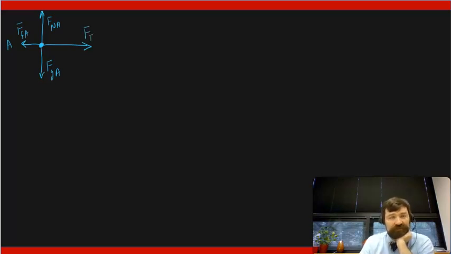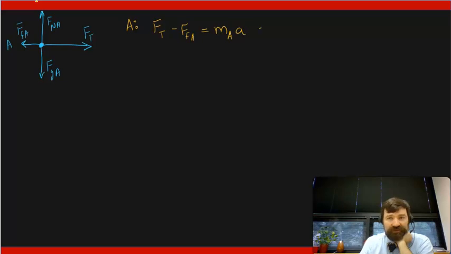If you were to set up Newton's laws for this system, you'd basically end up with, for mass A, force of tension minus force of friction is equal to mass A times acceleration.